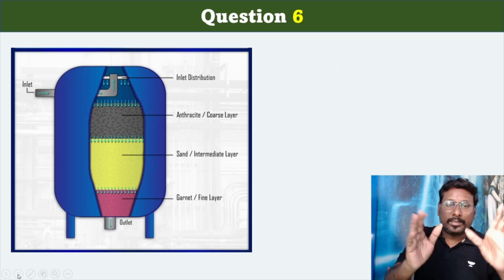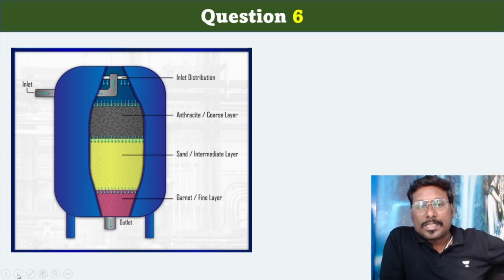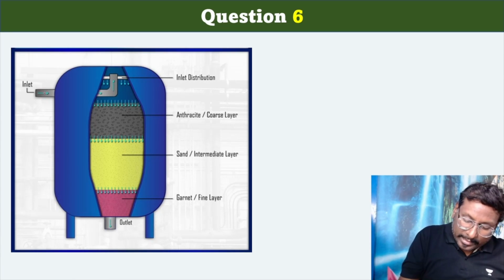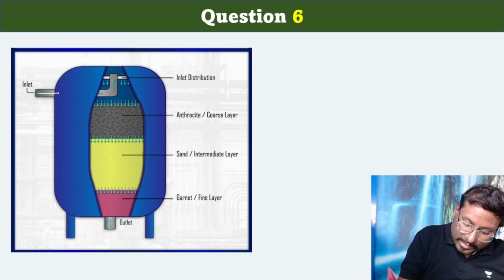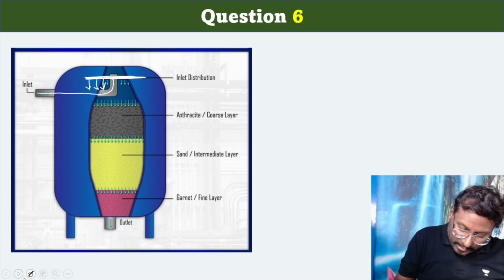I will show you the picture. This is the pictorial representation. Water is coming from the inlet and it is released by the sprinkler. Now what is the first layer?